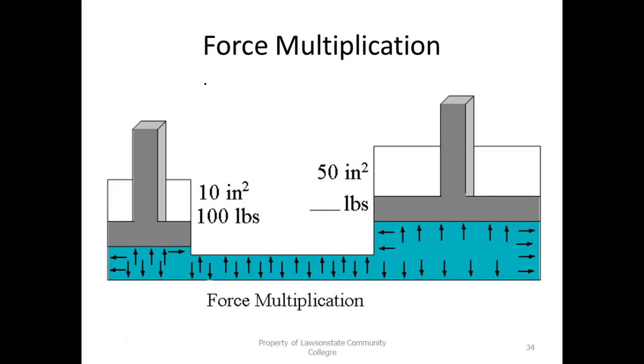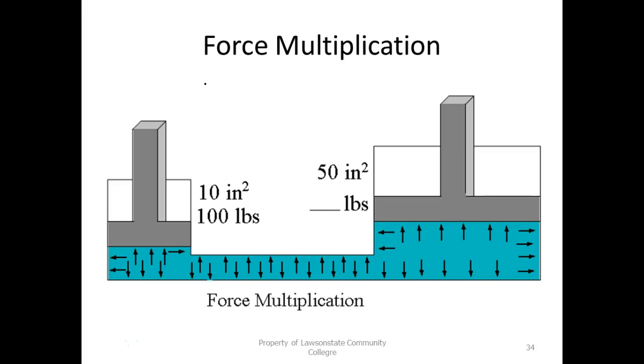I've got 100 pounds of force on the top, and that's spread out over 10 square inches. Right? You understand? So that means I would be putting 10 PSI, or pounds per square inch, on this one, right? You understand that?